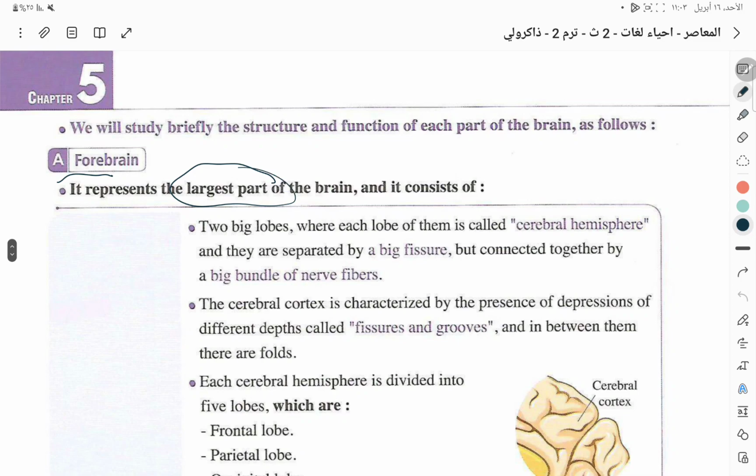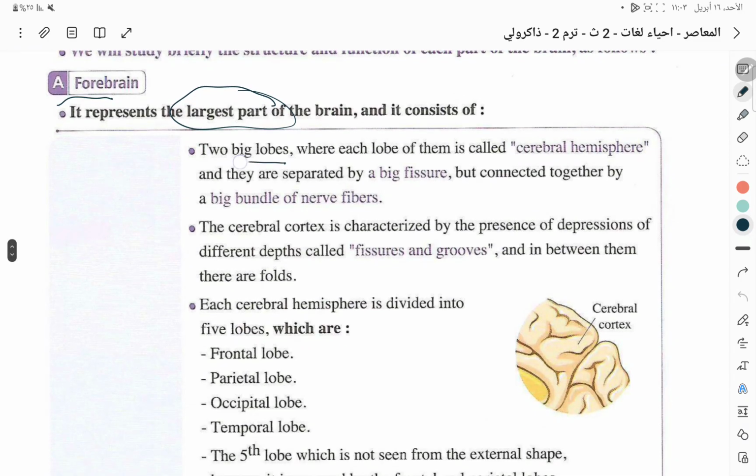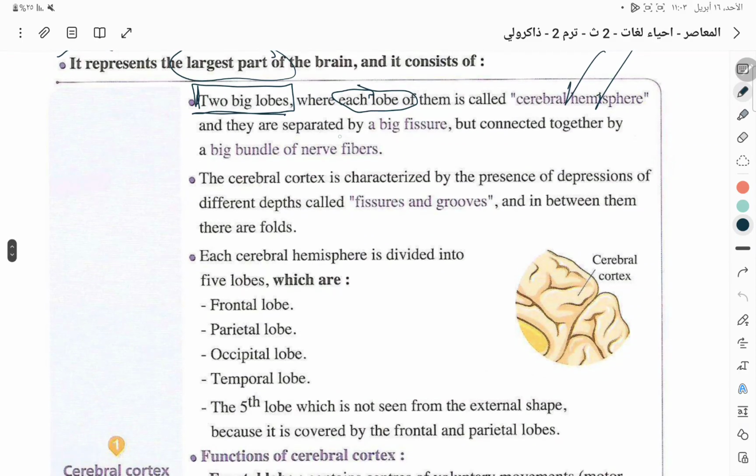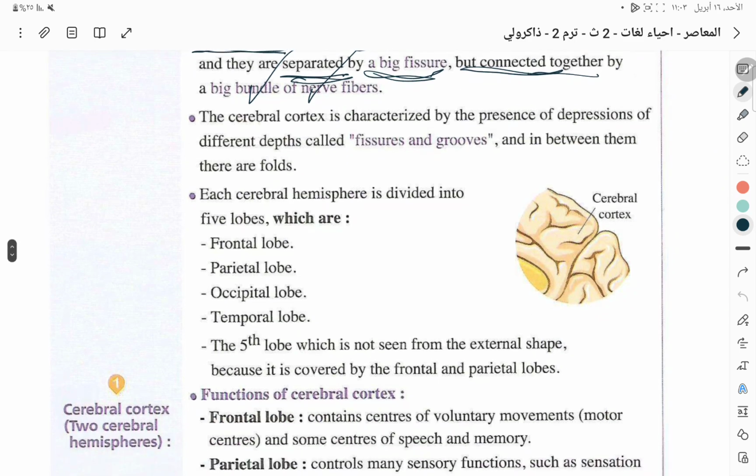The forebrain is the largest part of the brain. It has two big lobes. Each lobe is called a cerebral hemisphere, and they are separated by a big fissure and held together by a big bundle of nerve fibers.